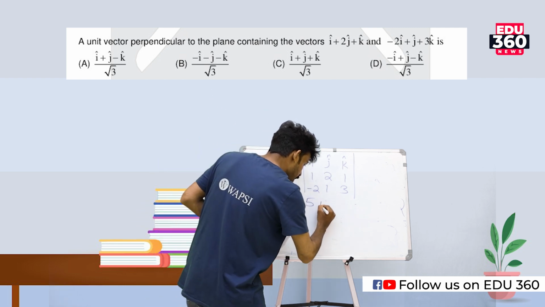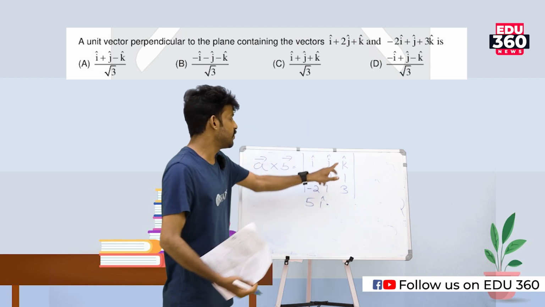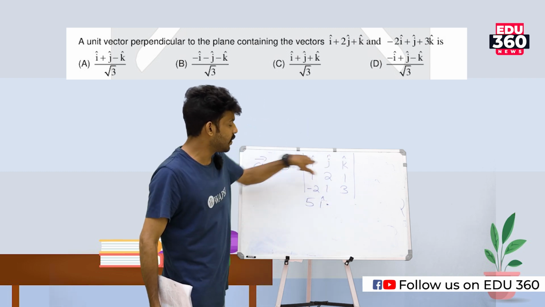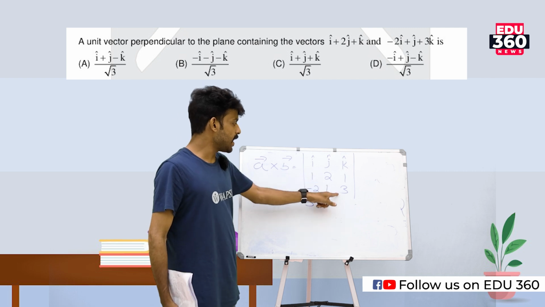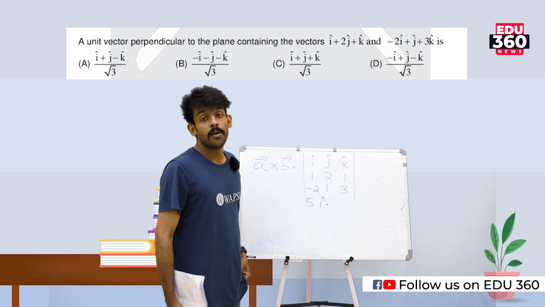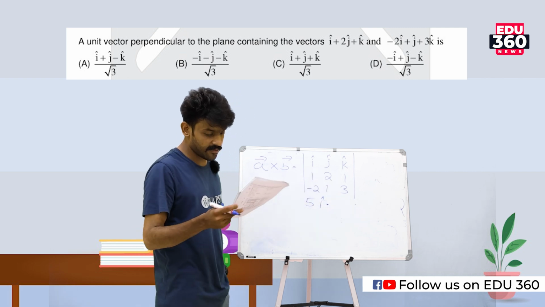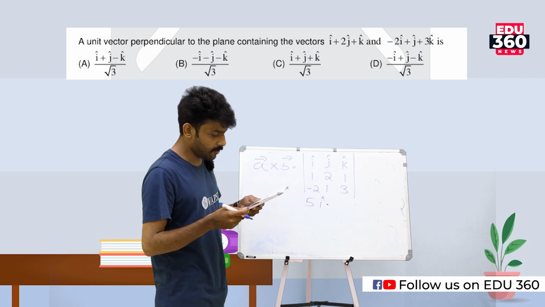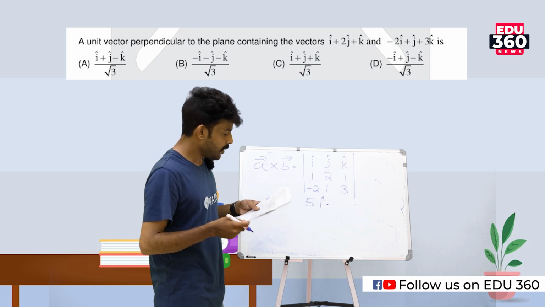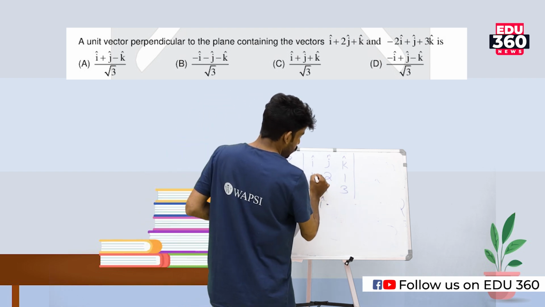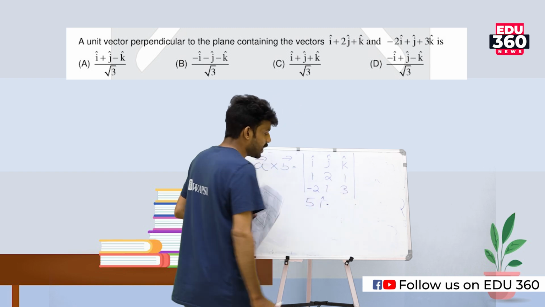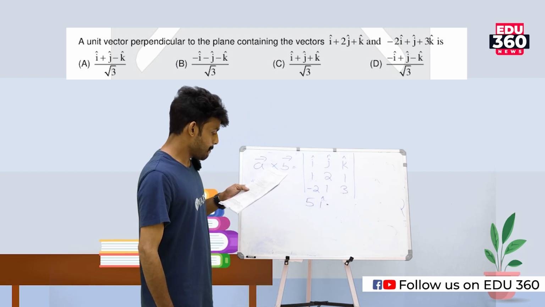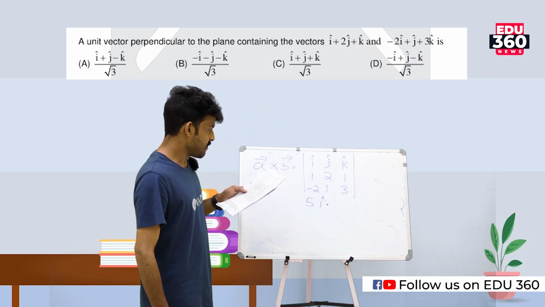So we will get 5 I cap. For the next one, just ignore the row and column here. So 3 minus minus 2 means 3 plus 2, that is 5.